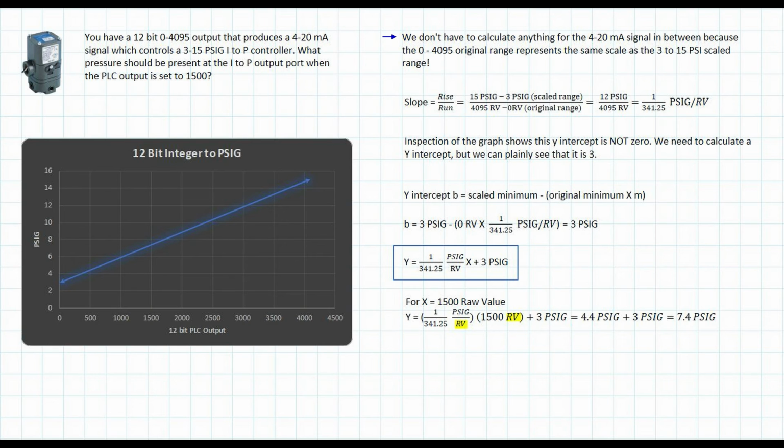We can perform a single conversion from the original range we want to begin with to the scaled range that we want to end with. In this case, converting a 0 to 4095 raw value signal into the 3 to 15 PSIG output. I'm assigning the arbitrary unit of measurement raw value in order to be able to track the units as we complete the conversion.